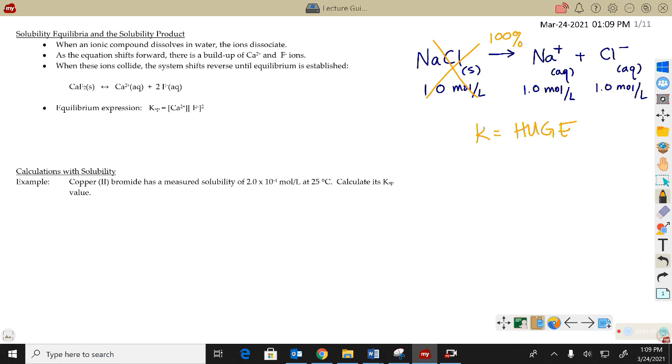But usually this is only for things that are slightly soluble or marginally soluble, where you might go forward and make ions, but then some of those ions could collide and shift it in reverse, going back to the original solid. And this thing probably doesn't go forward 100%. That's kind of what we're looking at here.